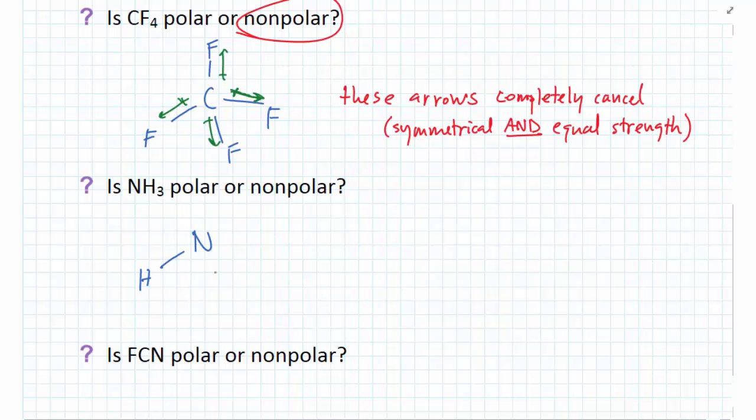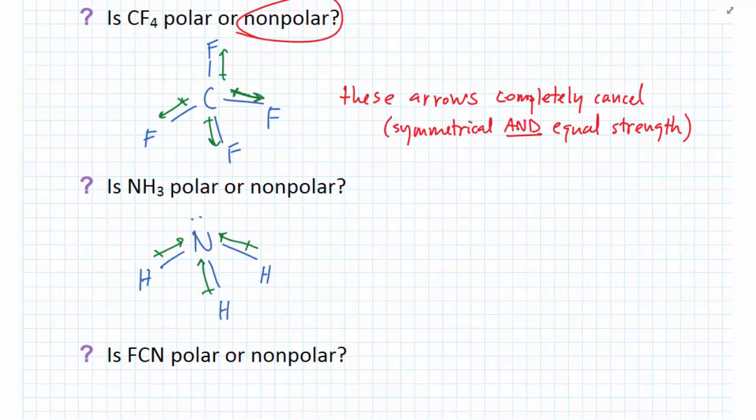NH3 we drew before, like that. We drew the arrows pointing to the N. Okay. Do those arrows cancel? No, they do not. At least if you drew it in this direction with the dots up on top, what direction would the net dipole moment point?